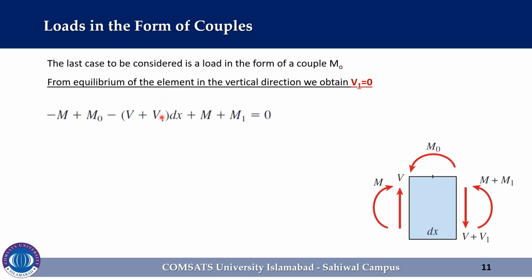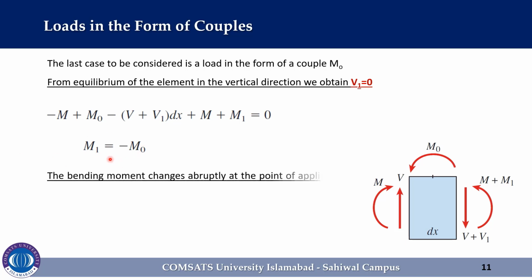Disregarding the terms that contain differentials because they are negligible compared to the finite terms, we obtain M1 is equal to minus M0. This equation shows that the bending moment decreases by an amount M0 as we move from left to right through the point of load application. Thus the bending moment changes abruptly at the point of application of a couple.